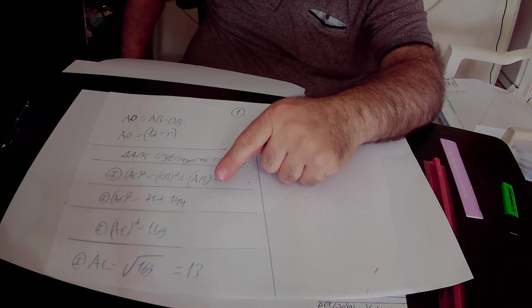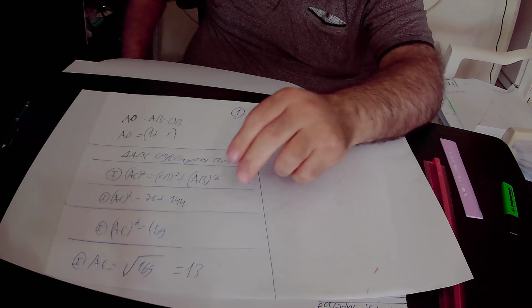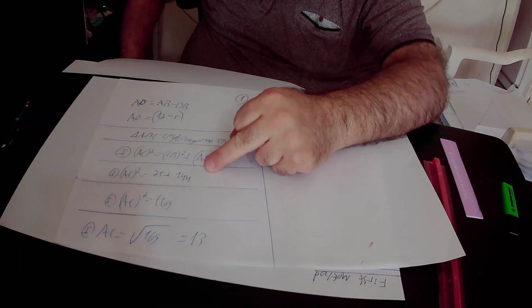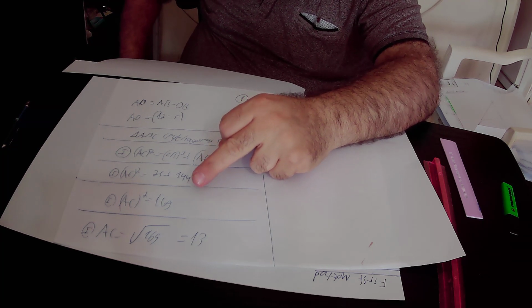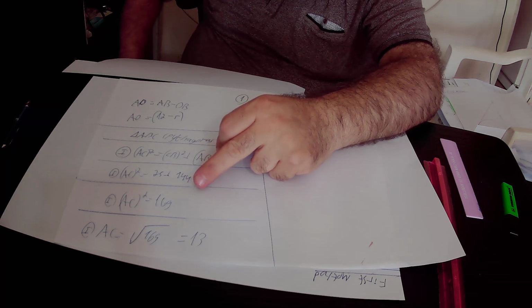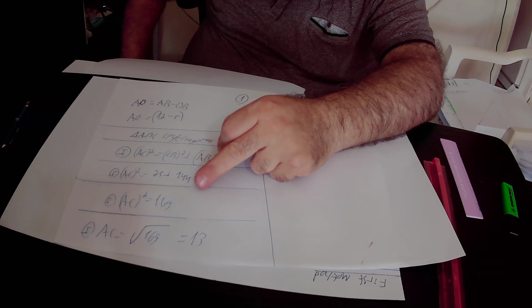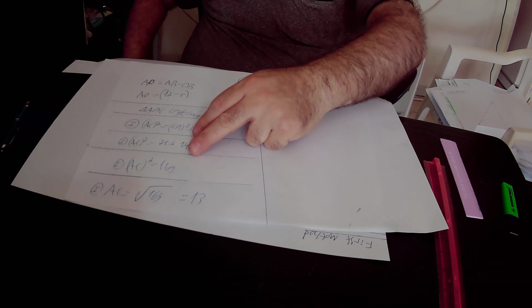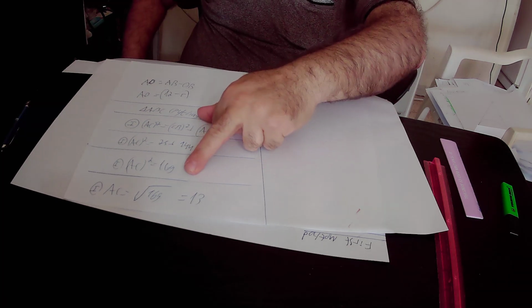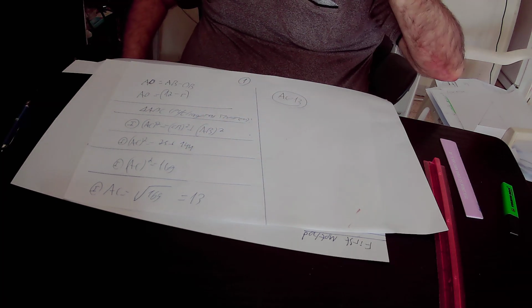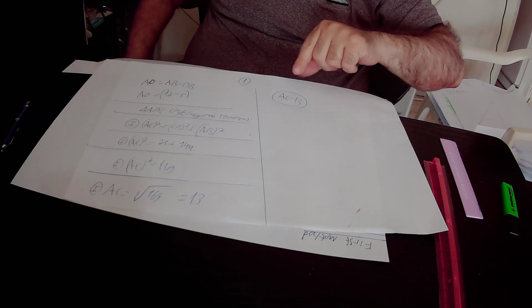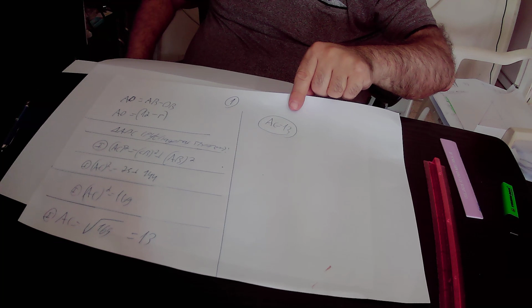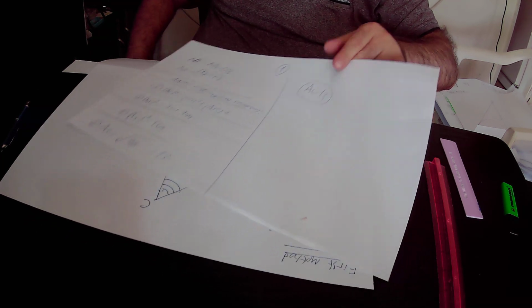So in conclusion, according to equation number 1, AC square equals 25 plus 144, which is 169. We took a root of equation number 1, and we got that AC equals the square root of 169, and the square root of 169 is 13. So AC, the hypotenuse of triangle ABC, equals 13 units.